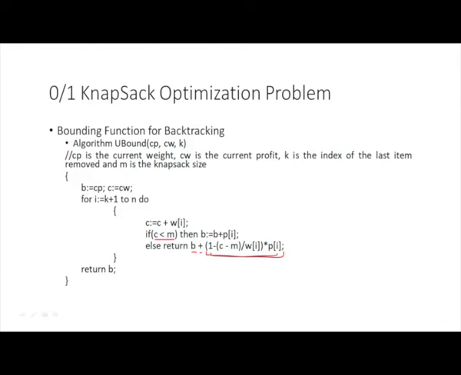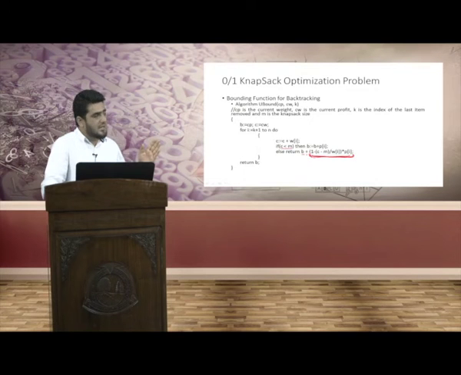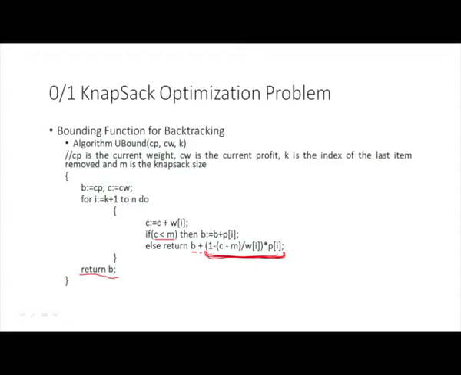Finally, it iterates for all the items. So let us suppose the knapsack is not full while we iterate over all the remaining items, then the sum that is obtained by adding all the profits to this variable B will be returned. So at the end of the day, this particular function returns the total profit that can be gained if we expand from k plus 1 to n.